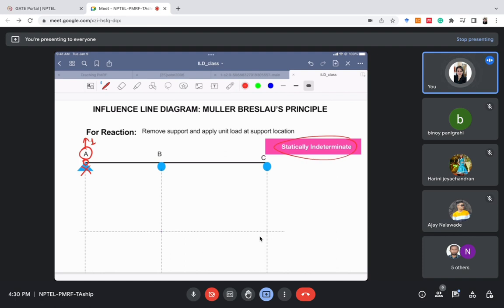Again, before drawing, let me restrain points B and C here. Now please just imagine, some imagination is required. If we move this point A in the upward direction, and these points have to be fixed, then the shape of ILD will be something like this.